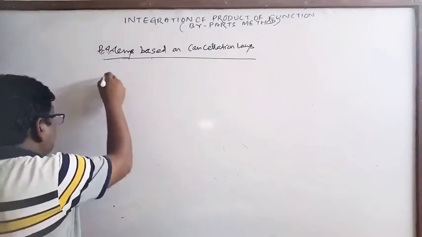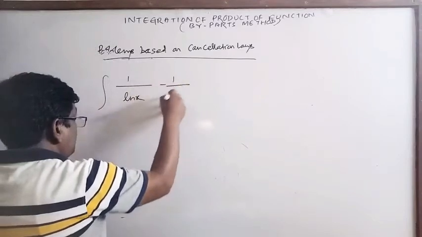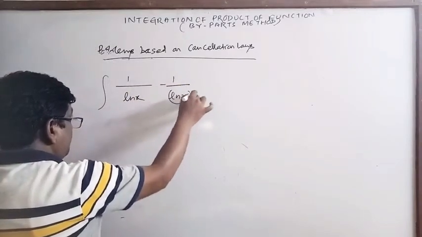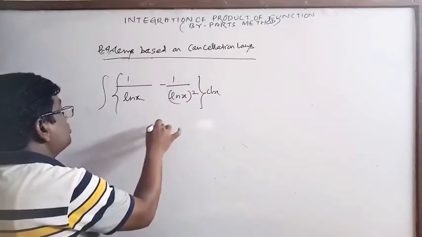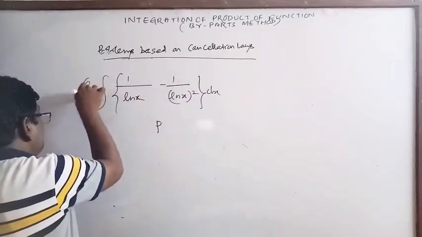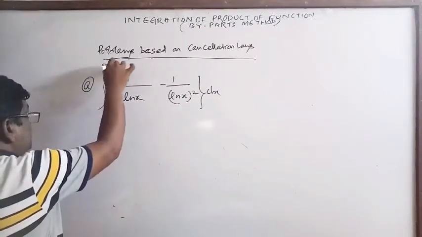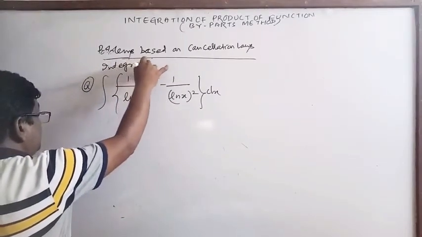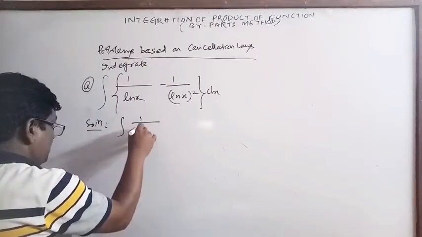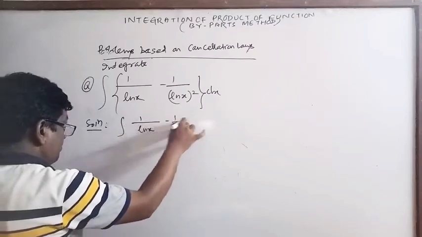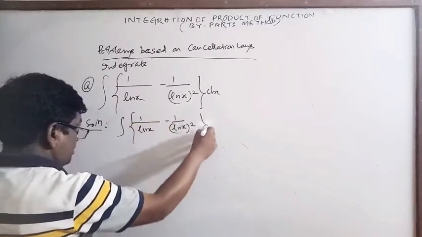Integration of 1 by ln x minus 1 by (ln x) whole square dx. In this type of logarithm question, we put a substitution. So the solution is: integration of 1 by ln x minus 1 by (ln x) whole square into dx.